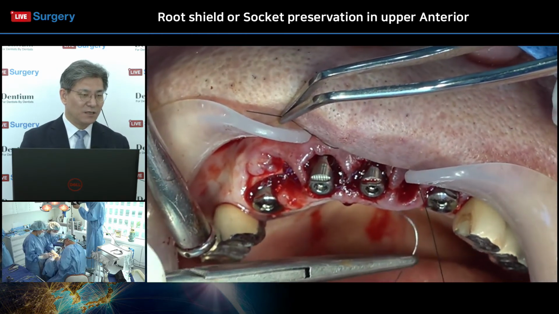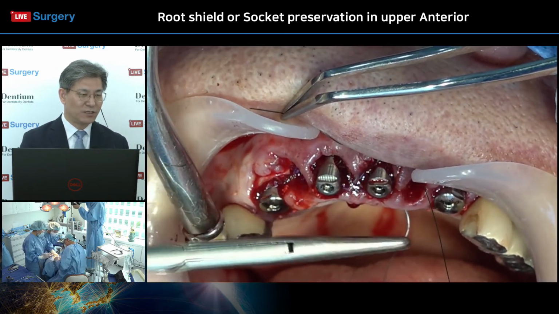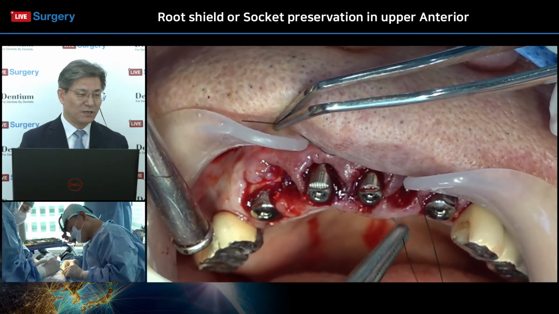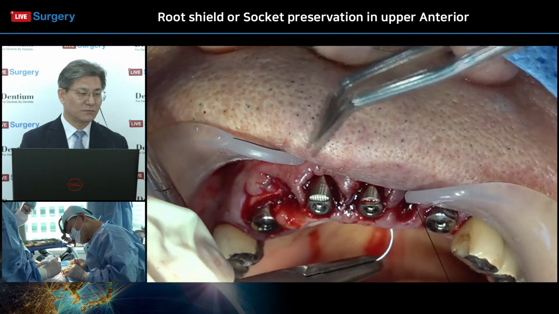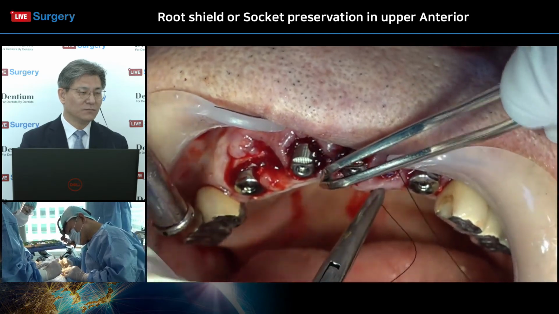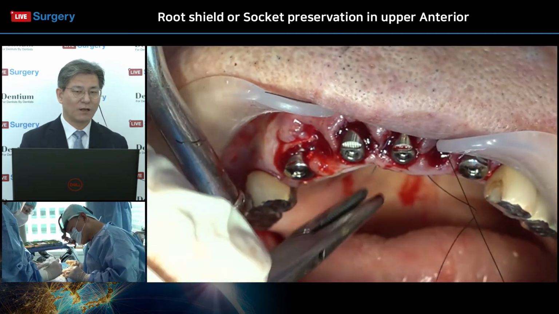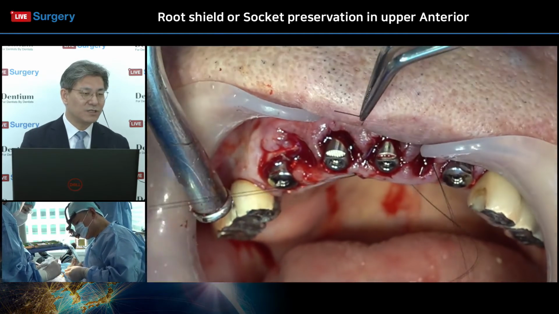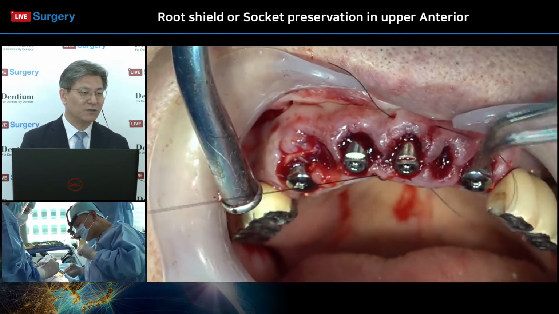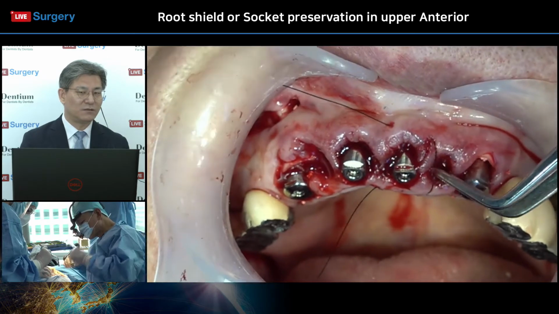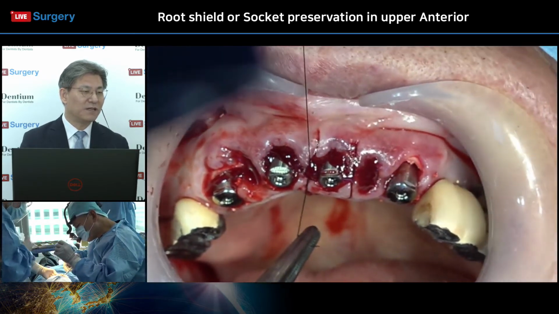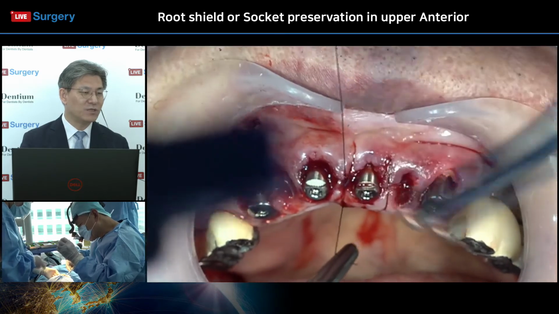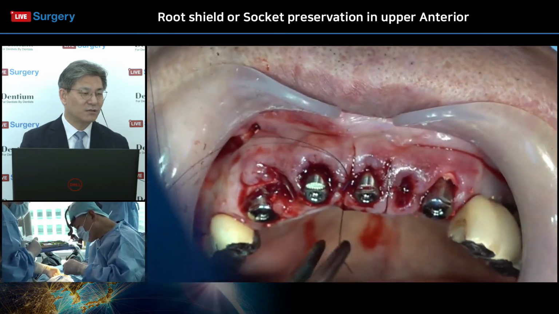Finally, he is doing the suture, the modified horizontal suture technique. This suture is 5-0 ethylene. Monofilament sutures are used.